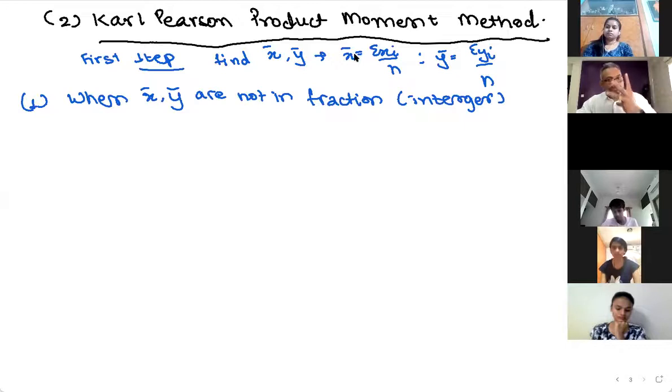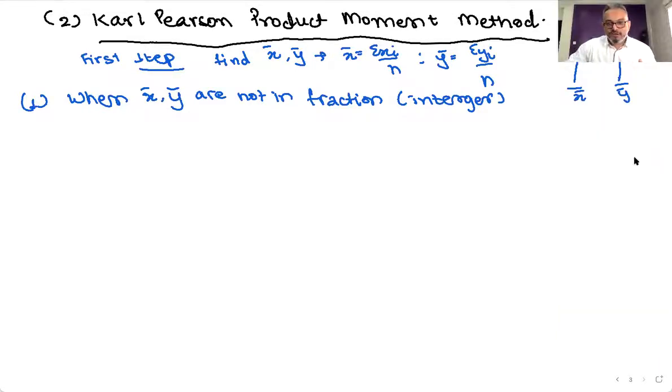There are 3 formulas, answer with all the 3 formulas are same, but we have to see which formula makes our life easier and faster, we can get the answer with least calculation, and that's why we have these conditions. So the first condition is x bar and y bar are not in fraction.